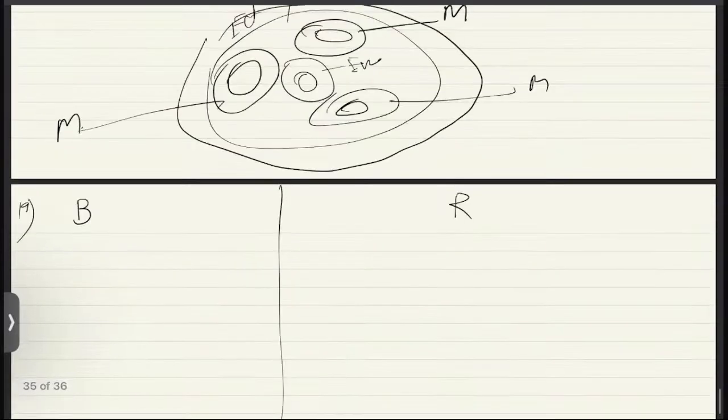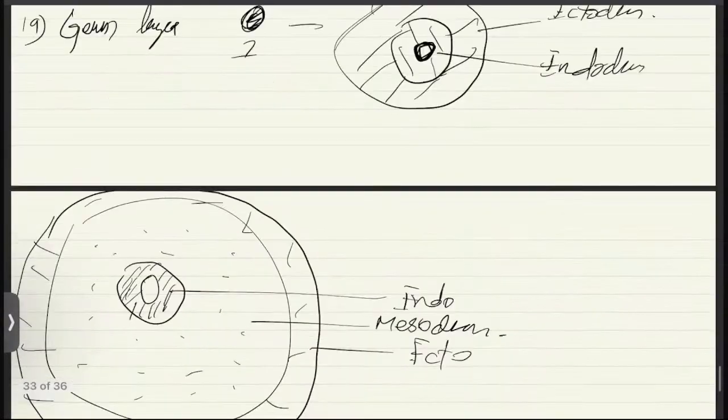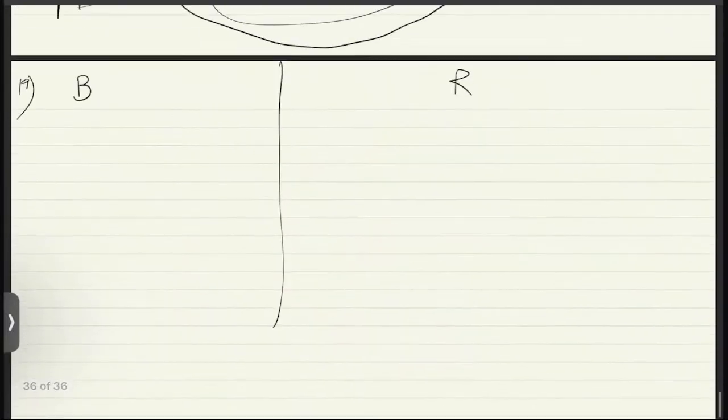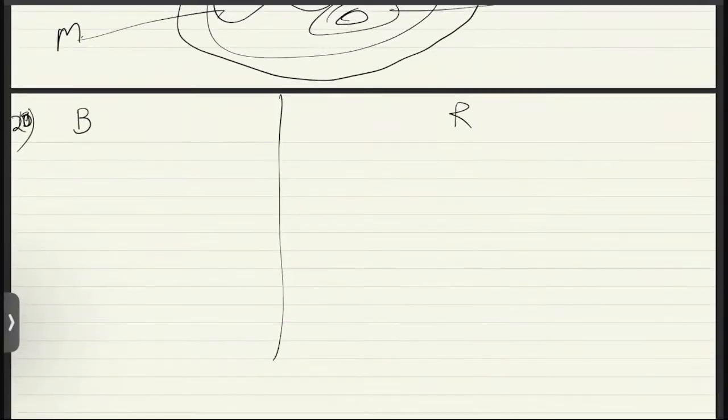Let's go to the next question. Difference between red algae and brown algae. Firstly, brown algae: fucoxanthin is the main pigment.